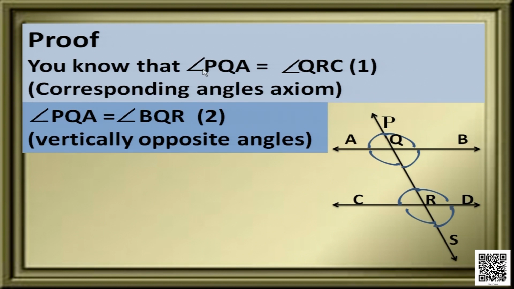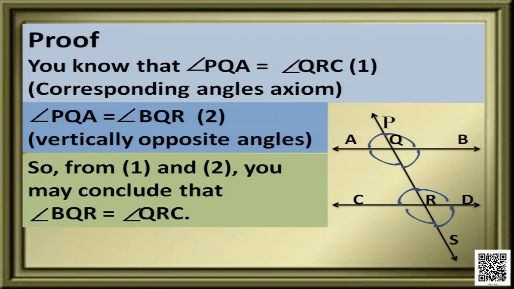What is common? Here it is PQA and here it is PQA in both the equations. So from 1 and 2, we may conclude that BQR is equal to QRC. So this was to be proved in this theorem.